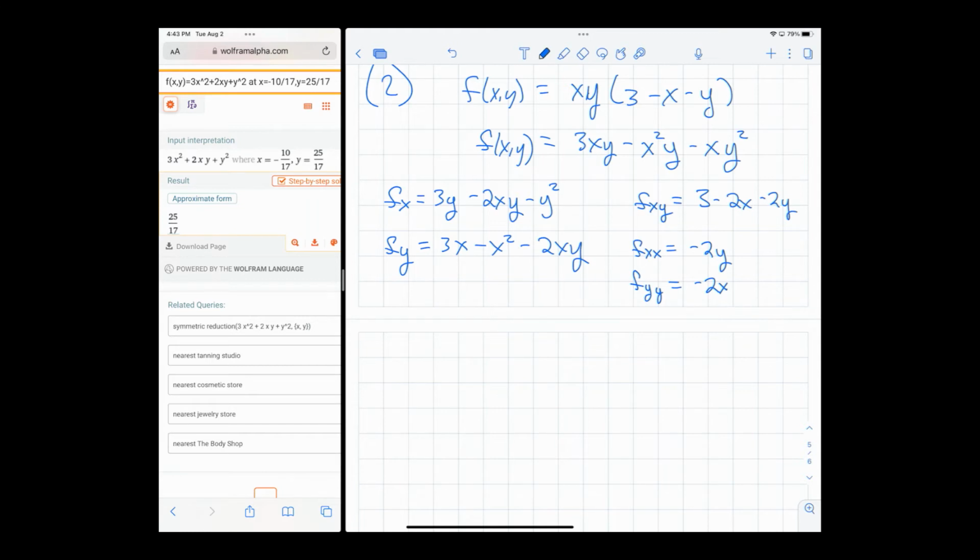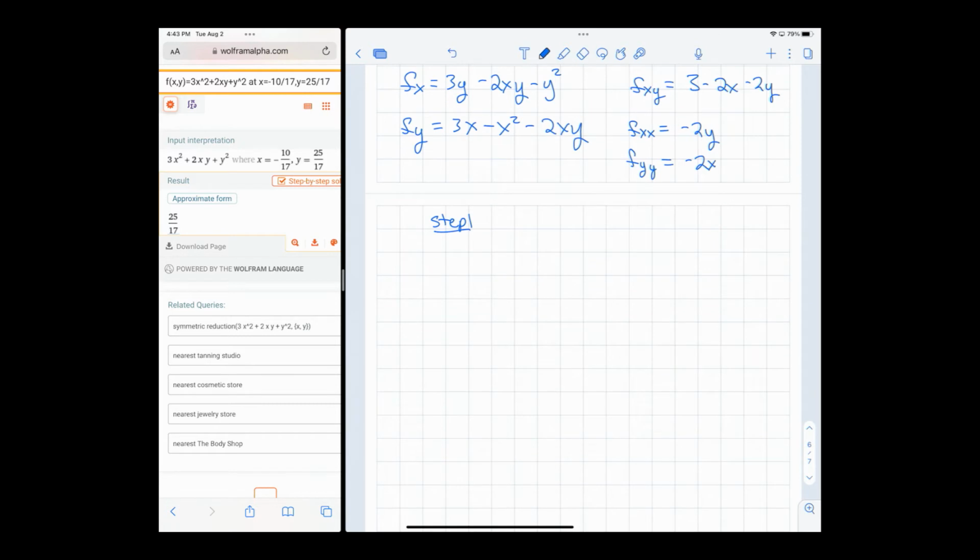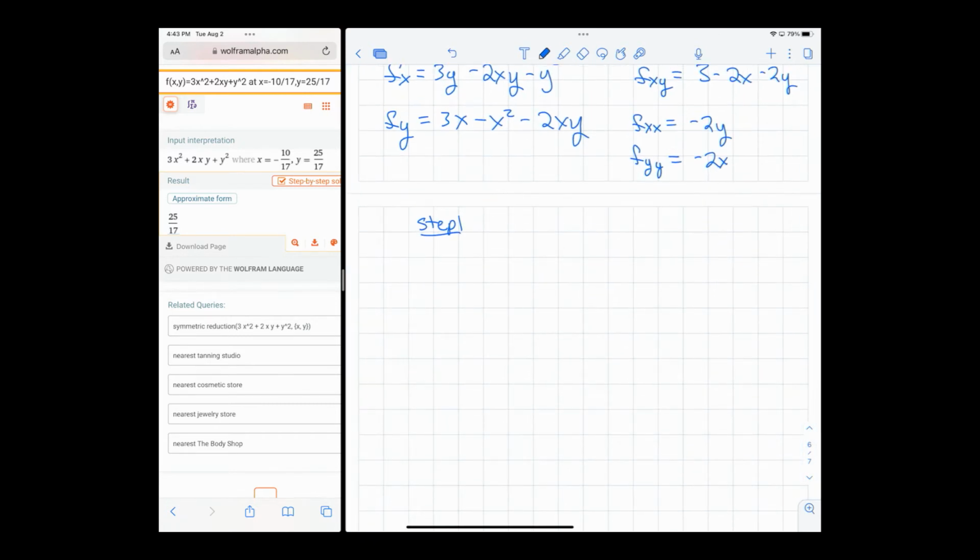Now what do we do? Once we have all those, we can get into the work of the problem. I mean, I found all the derivatives, but the first step of actually solving the problem is to find critical points, right? Those are what we are going to be classifying as saddle points, minimums or maximums.